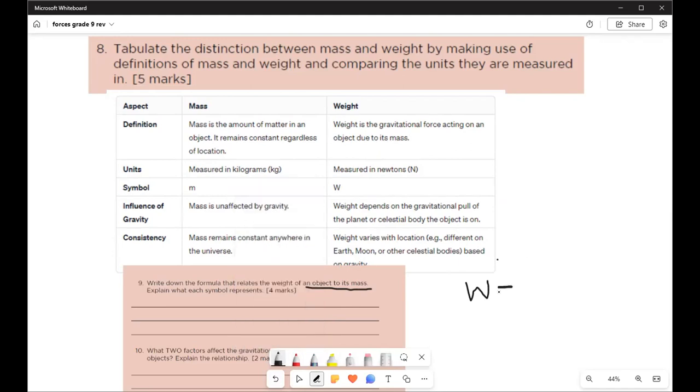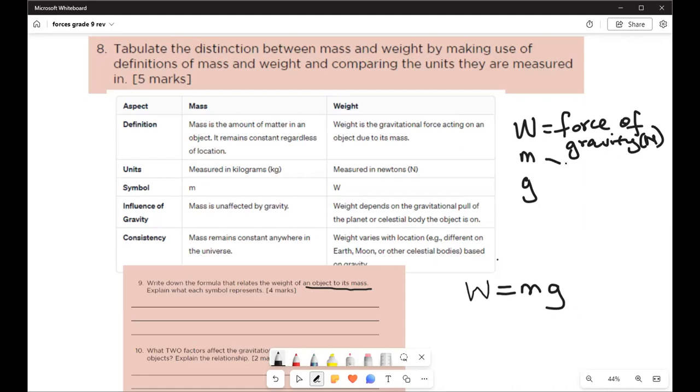The formula for weight, right? It's W = mg, right? Explain what each symbol represents. Okay, so on this formula here, we have W, we have small m, we have small g. This is force of gravity, right? Force of gravity measured in newtons. This is your mass in kgs, right?